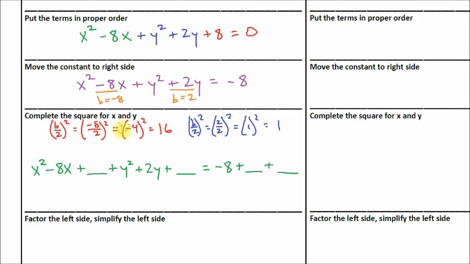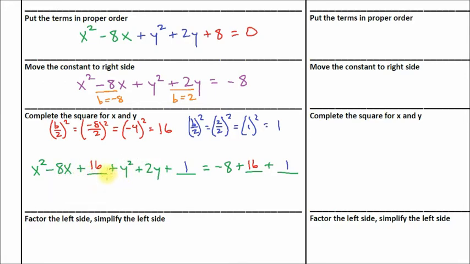The number to complete the square for the x terms is 16, and the number for the y terms is 1. The 16 is in red and the 1 is in blue. So pretty simple. It's the same as a parabola. You just complete the square twice.